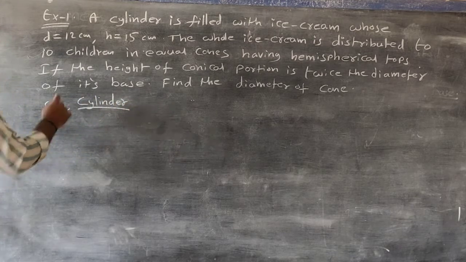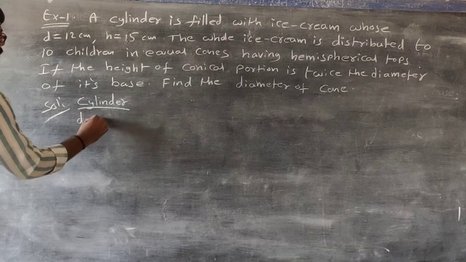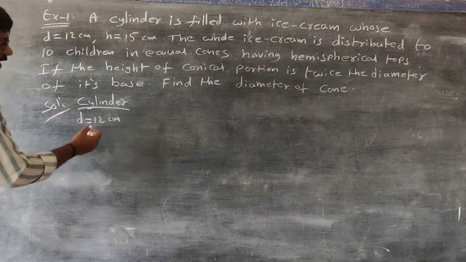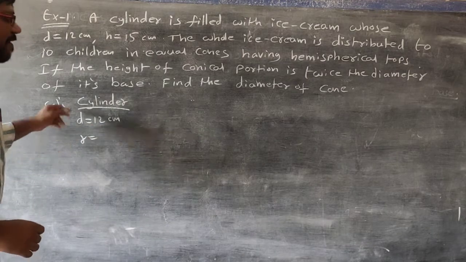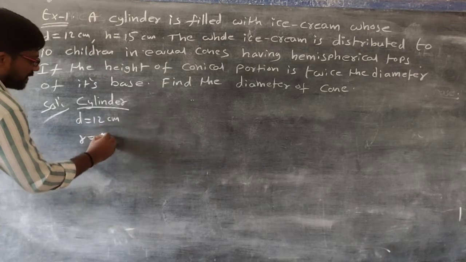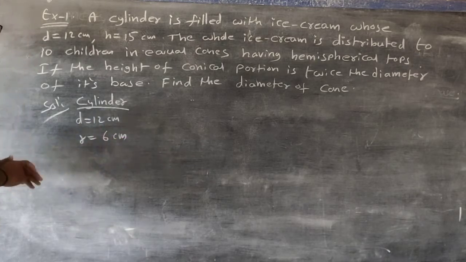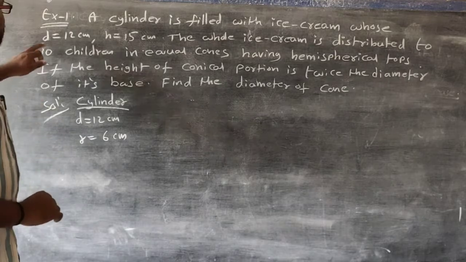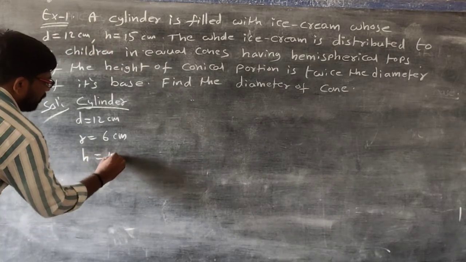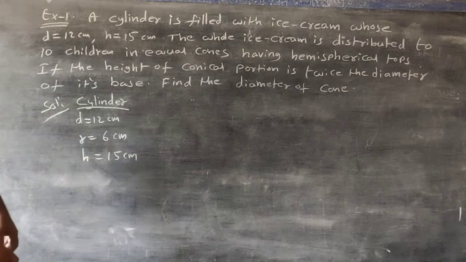D is equal to 12 centimeters. Then what is its radius? Radius is half of diameter, so radius is 6 centimeters, and height is 15 centimeters.